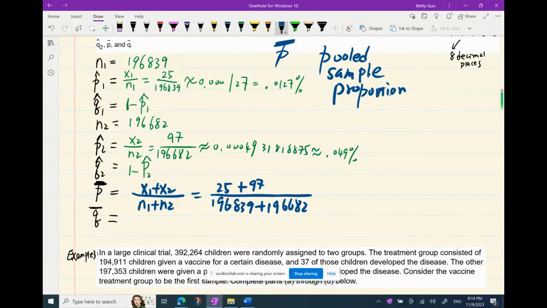And Q bar would be 1 minus P bar. You want to tell me what this is, on chat? What do you have?